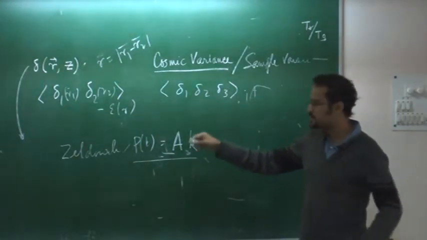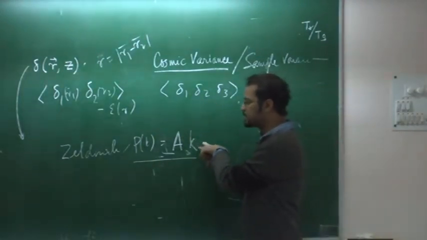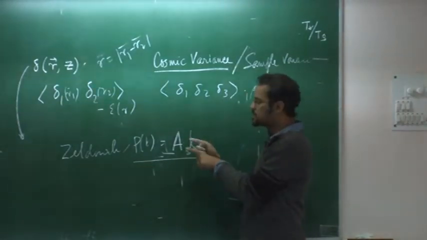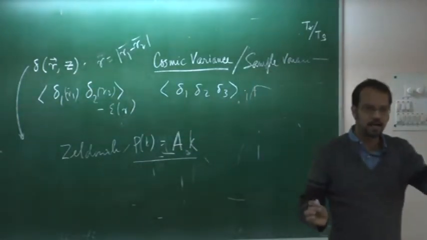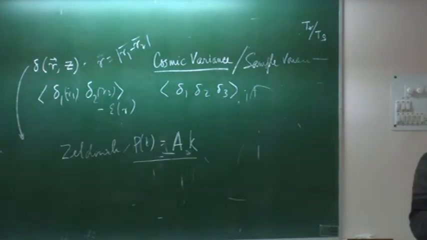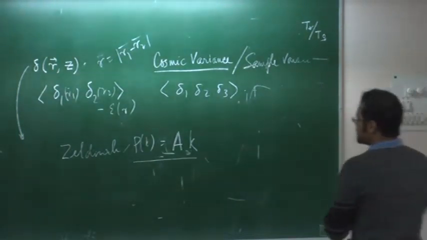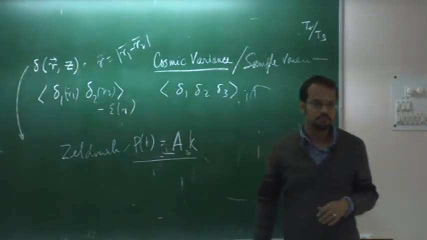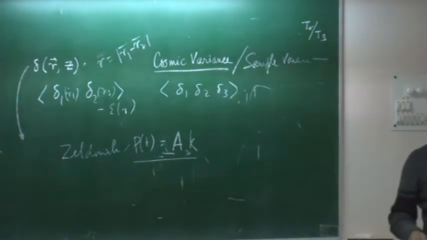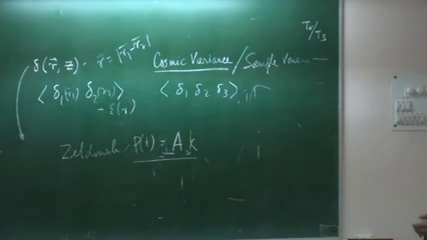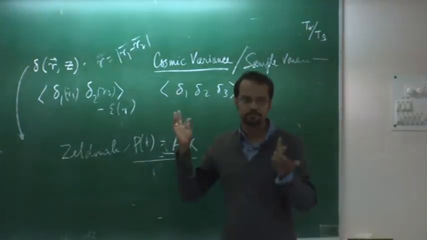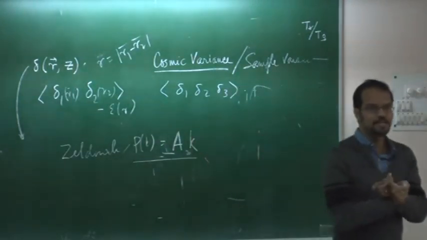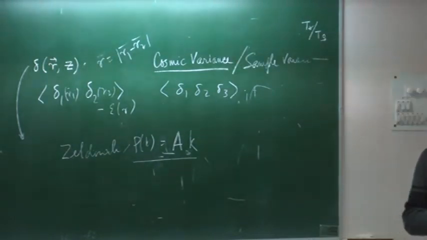There is no particular K towards which there is some bias. There is no additional affinity of this power spectrum for any particular K. It just scales everything. So multiply K by 2, every scale multiplies by 2, the power spectrum gets multiplied by 2. There is no specific scale in this particular power spectrum.